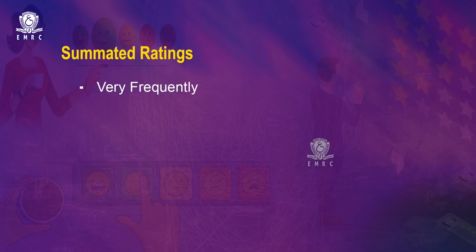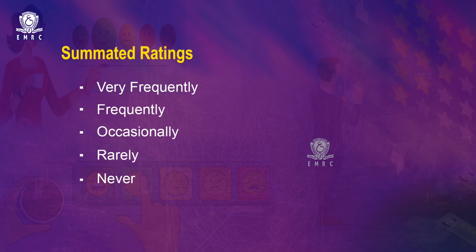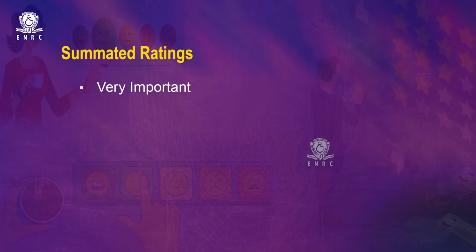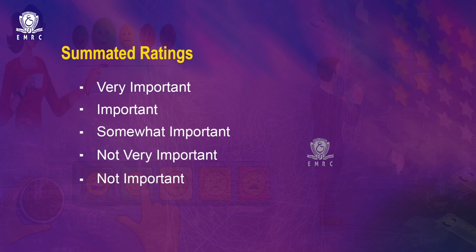Or how frequently they engage in a behavior or experience a particular thought. For this, the response categories will be very frequently, frequently, occasionally, rarely or never. In all these you see that two polar ends are there. Or, on the other hand, how important they feel that particular dimension is to them. Then the response categories will be very important, important, somewhat important, not very important, not important.